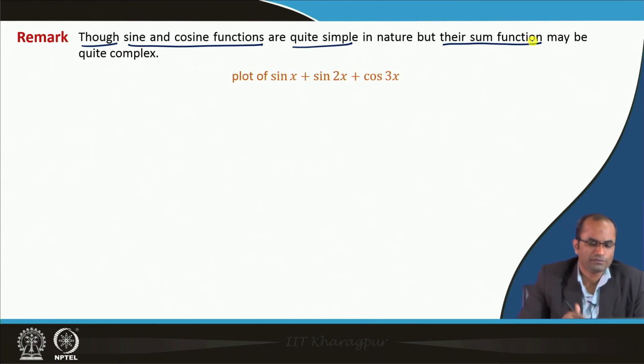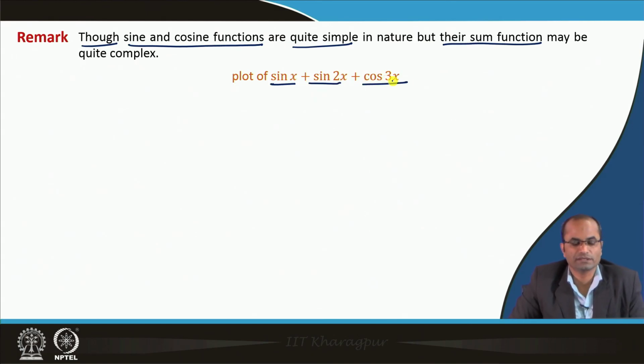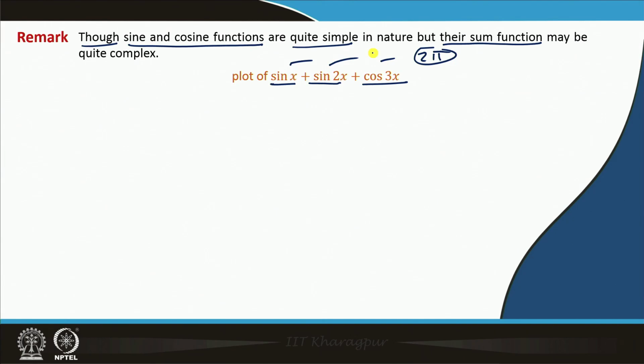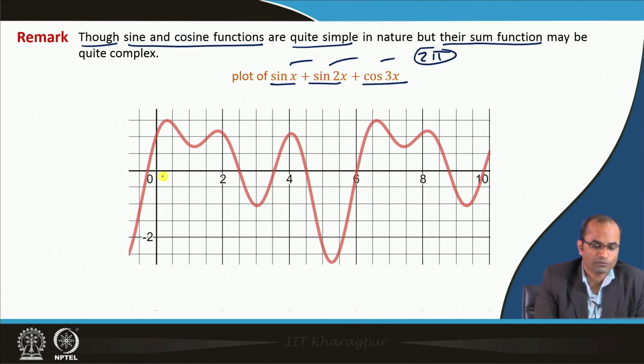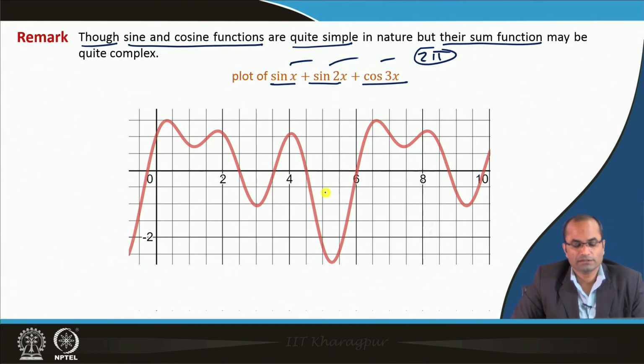Just a simple example, which we have just seen before: if we take sin x, sin 2x and cos 3x, the common period of all these functions is 2π. So, the period of the sum function is 2π. If we plot this, we can see this is not as simple as we perhaps expected from sine and cosine functions.